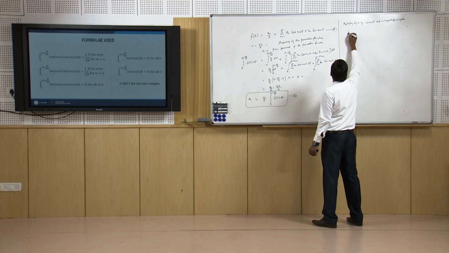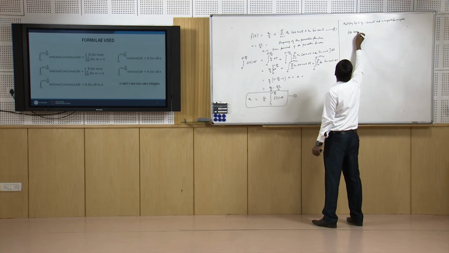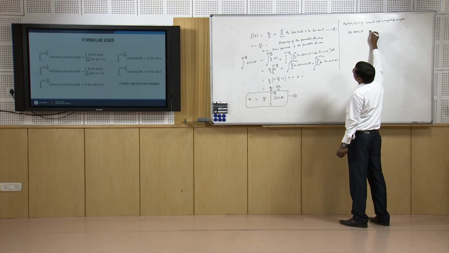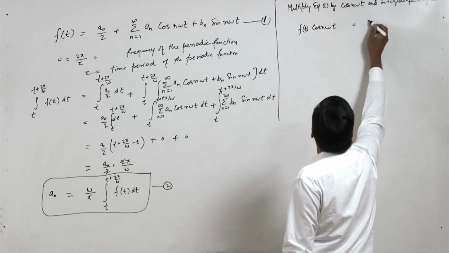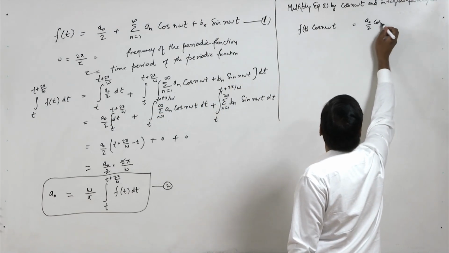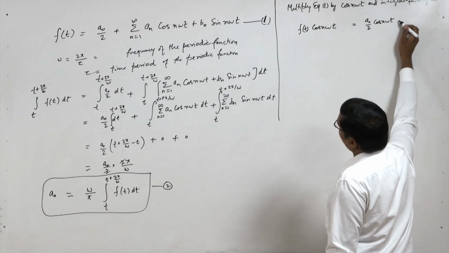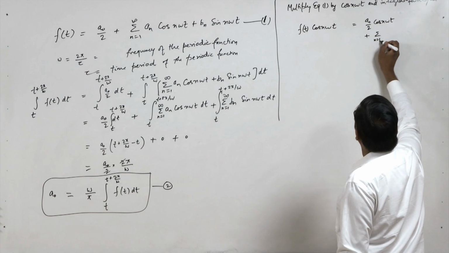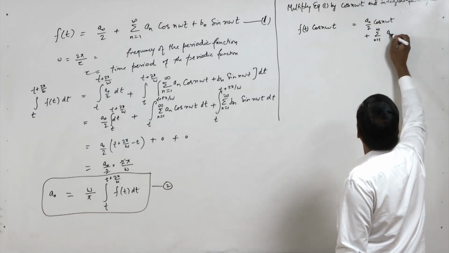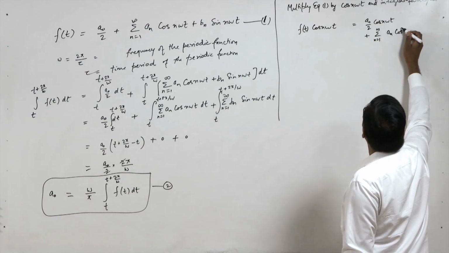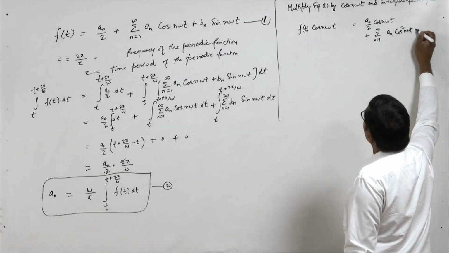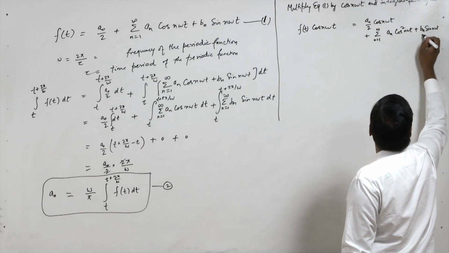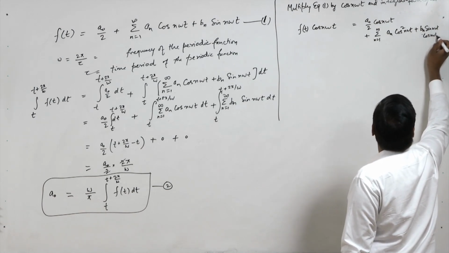So here we have ft cos n omega t, and on the right it will be a0 by 2 cos n omega t, then plus sigma n equal to 1 to infinite of an cos squared n omega t plus bn sin n omega t into cos n omega t.